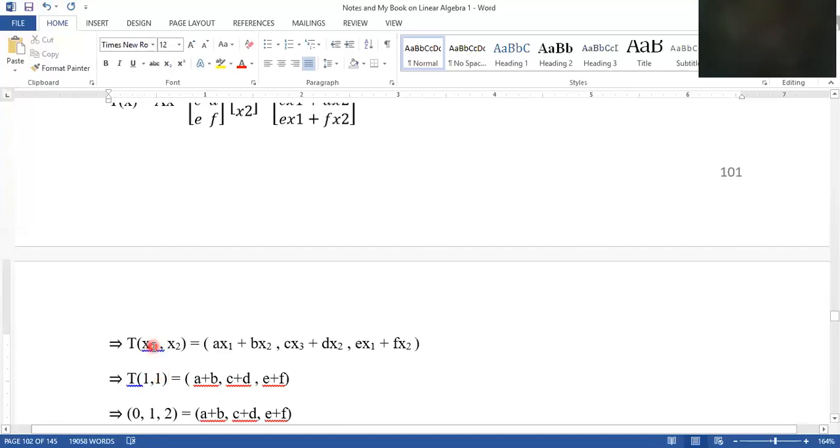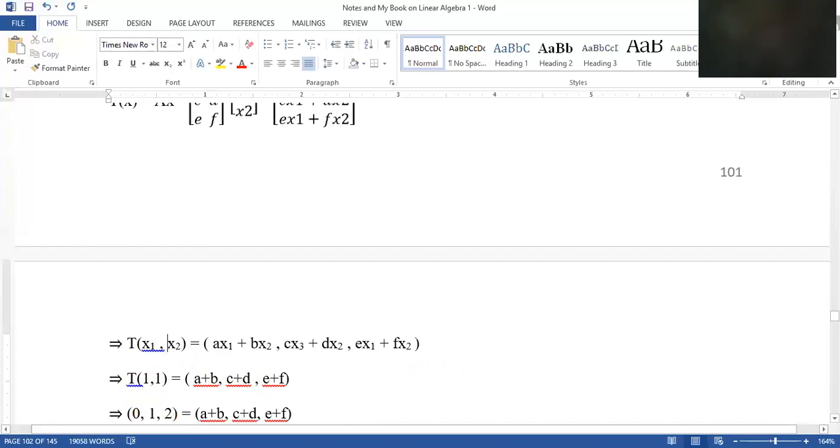So we have to calculate T of (1, 1). It means when x1 is 1 and x2 is also 1, so in place of x1 and x2 we place 1, 1. So we get a, b, c, d, e, f. And T of (1, 1) maps to (0, 1, 1), which is equivalent by the given condition.